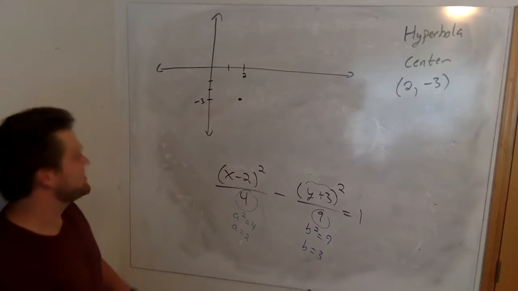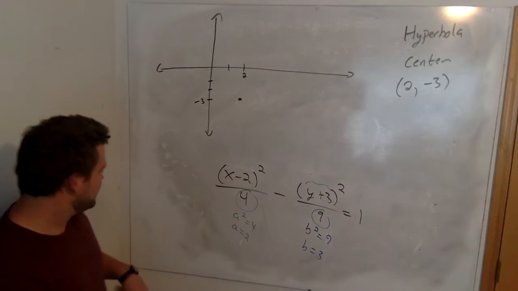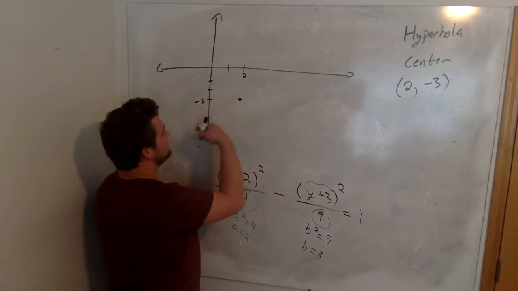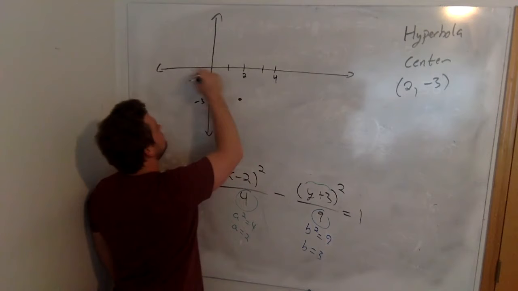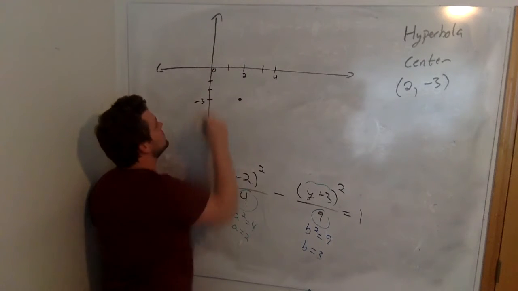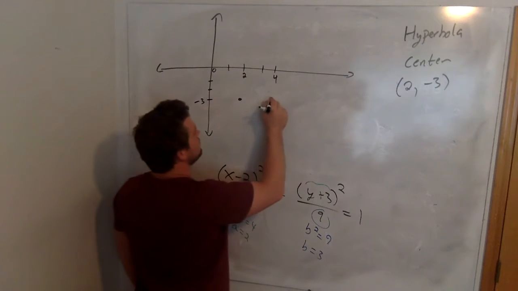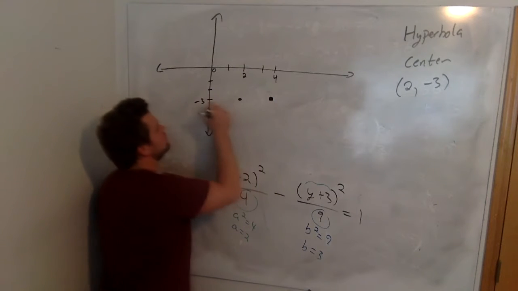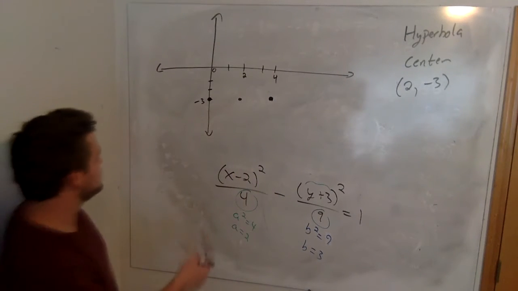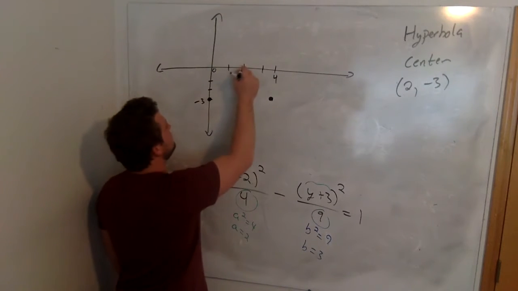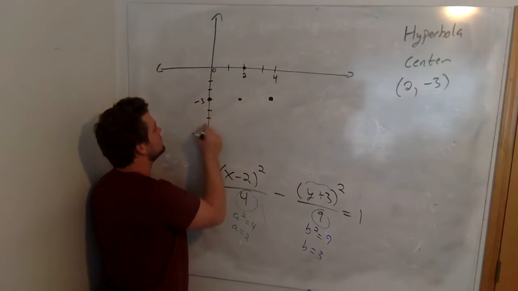Now we can sketch that central box. Okay, so we'll need to go to the right and left 2 units. So here's 4. If we go backwards 2 units, we'll be at 0. So this is where one of the vertices will be for the hyperbola. This is where the other vertex will be. Now we need to go up 3 units. So 1, 2, 3 here, and down 3 units.